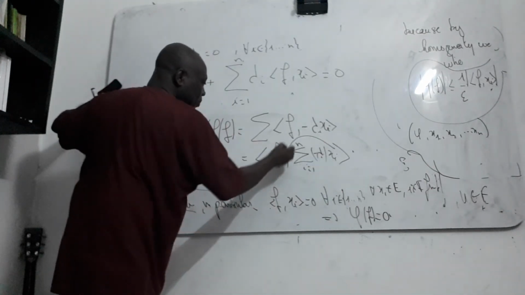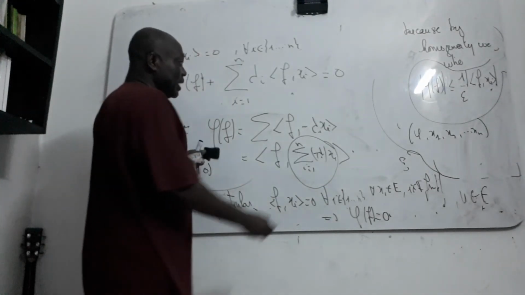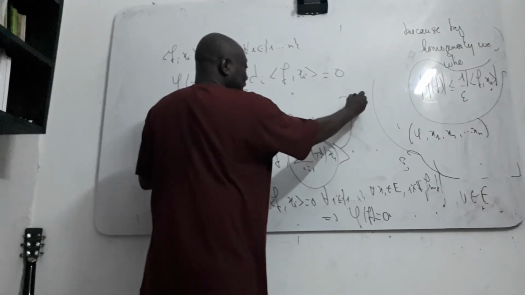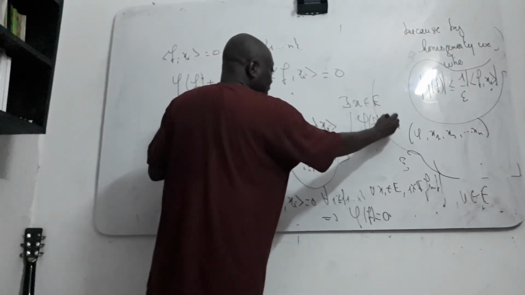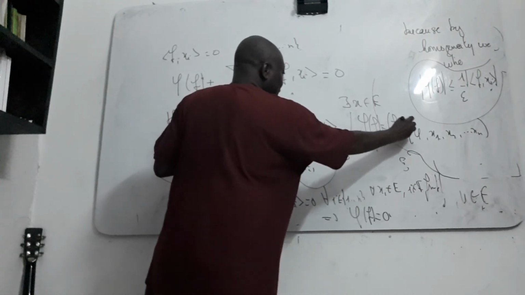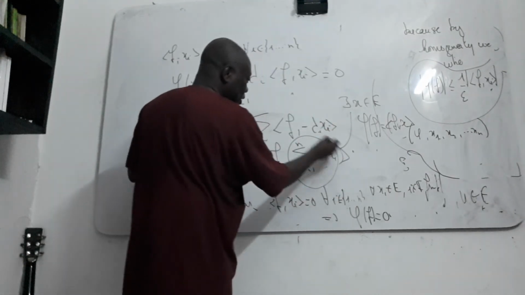This one will be our function. So we proved that there exists x in E such that phi of f must equal f of x. This one will be our x.